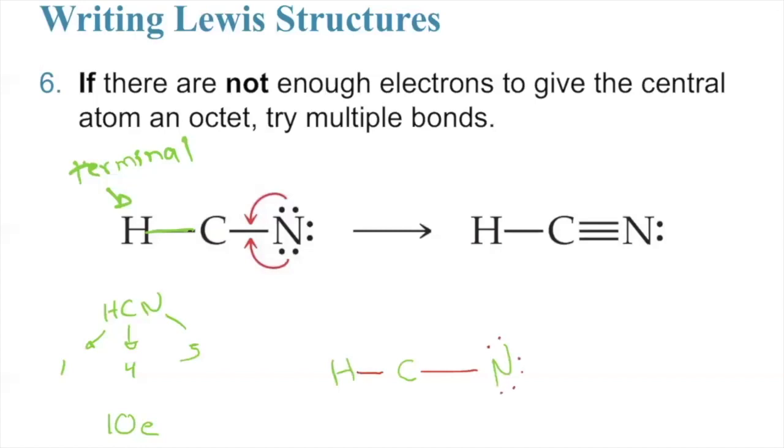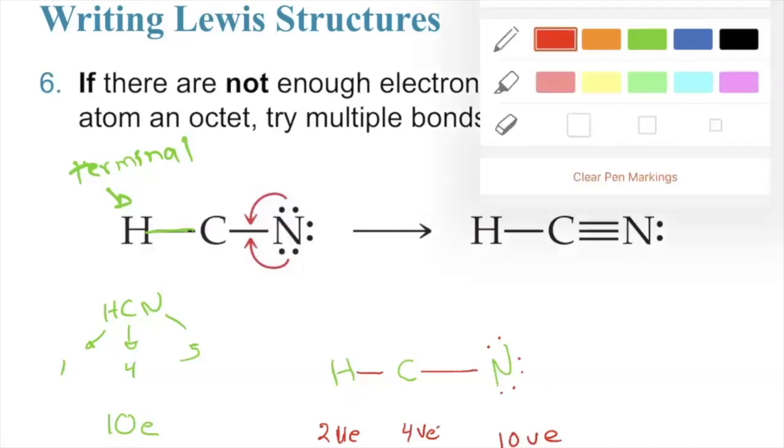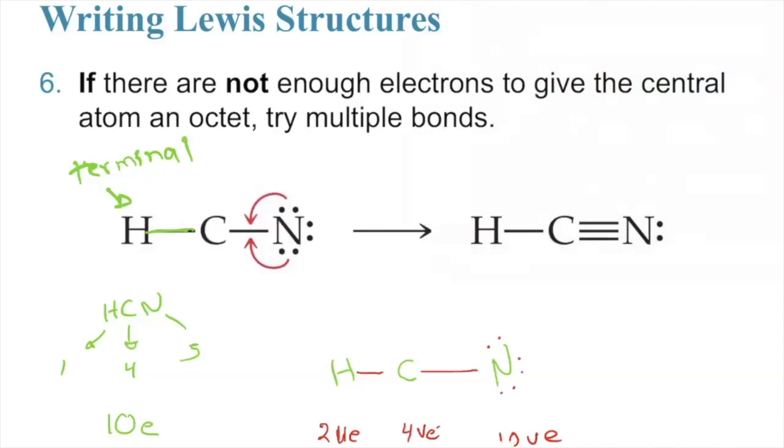Now we distribute the remaining electrons: 5, 6, 7, 8, 9, and 10. Hydrogen is happy with 2. Notice that nitrogen has 8, and nitrogen is also happy, but carbon is not happy.